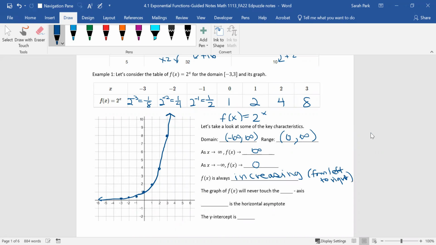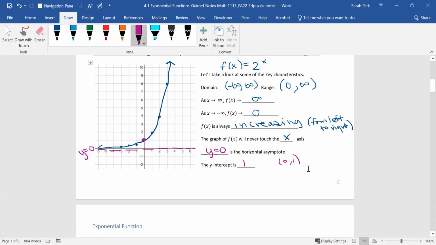And this graph will never touch the x-axis. Therefore, we say there is a horizontal asymptote at the x-axis, and the equation of this horizontal asymptote is y equals 0. Okay, the y-intercept is at 1. If we wanted to write it as a coordinate point, that would be (0, 1).